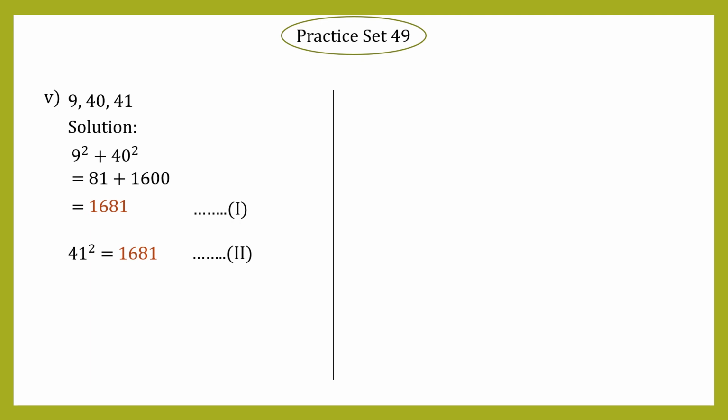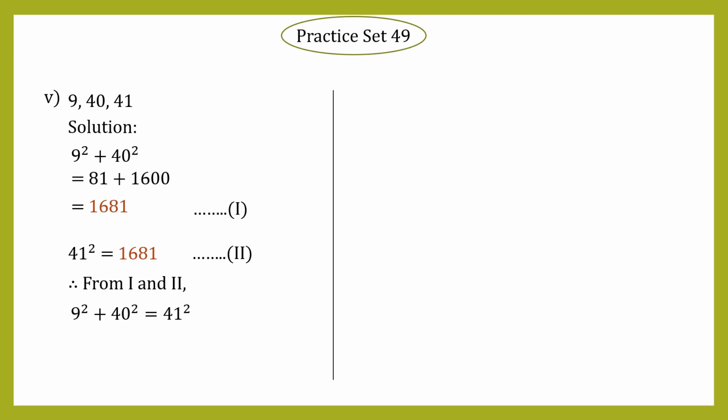Now, children, observe the values of equation number 1 and 2. Yes, their values are equal. So we can write, therefore, from 1 and 2, 9 square plus 40 square is equal to 41 square.